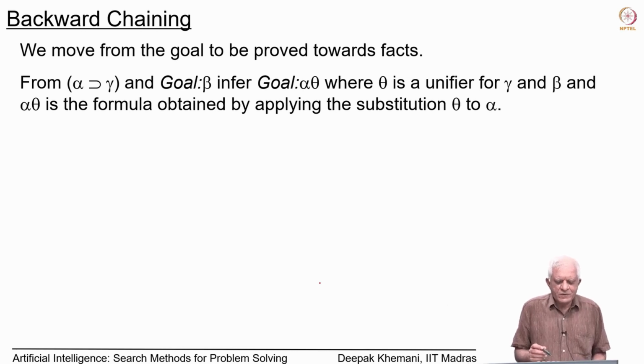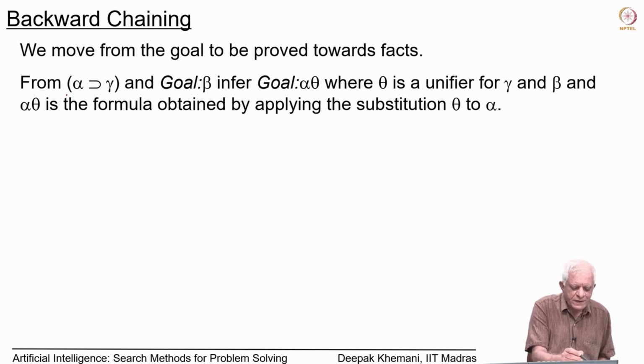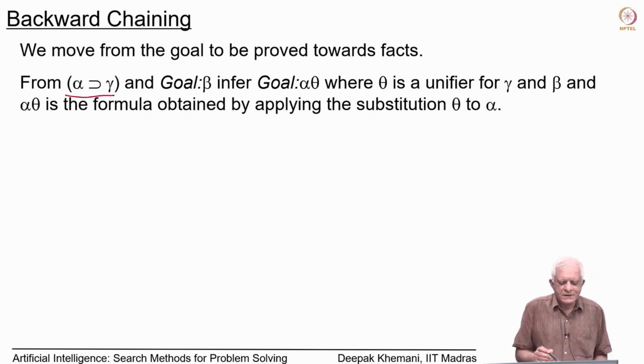So, if you remember in forward chaining, given this formula alpha implies gamma and given a fact beta, if you could unify alpha with beta, remember the unification is the application of a substitution which makes alpha and beta the same.